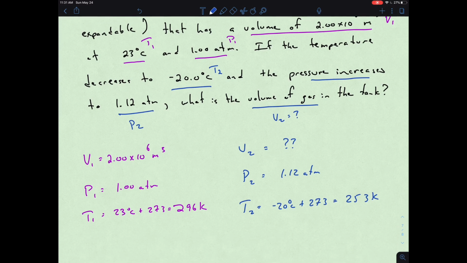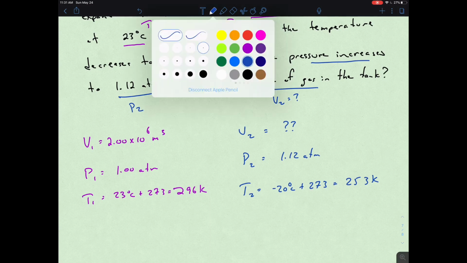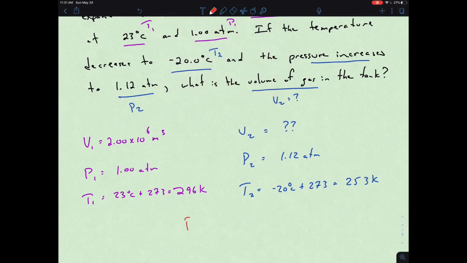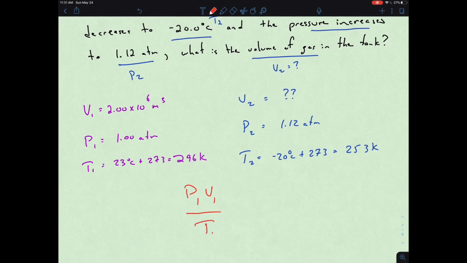So important here is the temperature conversion, making sure that we're in terms of Kelvin. Again, the negative 20 degrees Celsius would have implications in our expression, in that we would end up with a negative volume if we were plugging in a negative temperature.